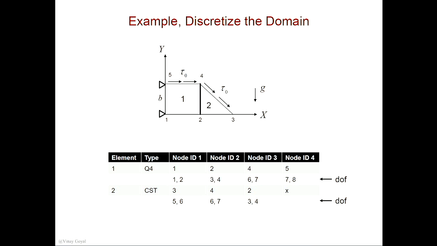For me to teach you a concept, I don't need 200 elements. I just need 2 elements to teach you the concept. If I were to do this analysis, the answers I get out of this are inadequate. I really need a large number of elements to get the behavior correctly. But for illustration purposes, I'm just doing 2 elements.